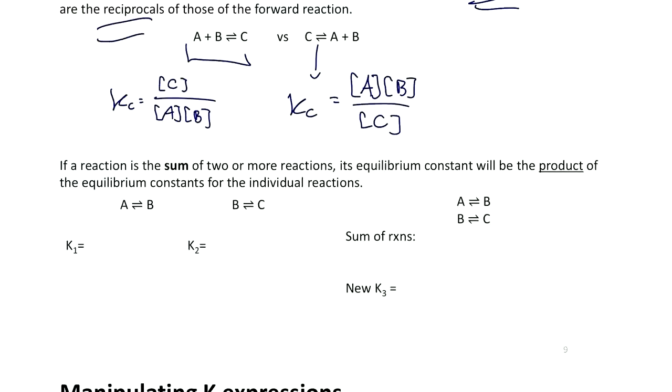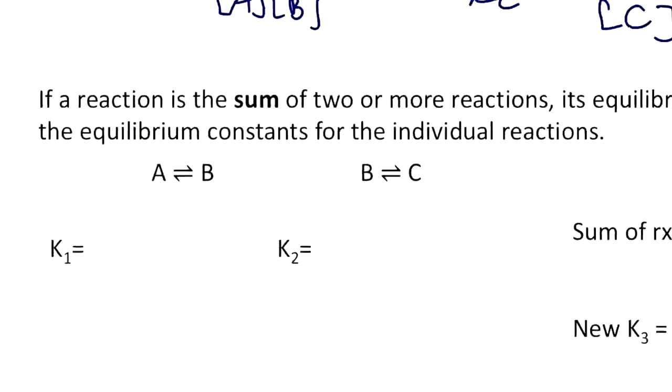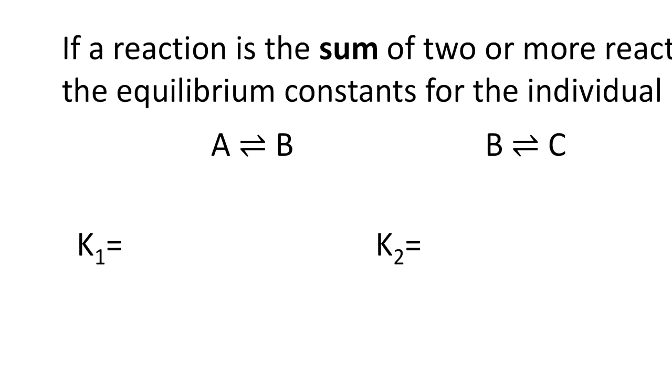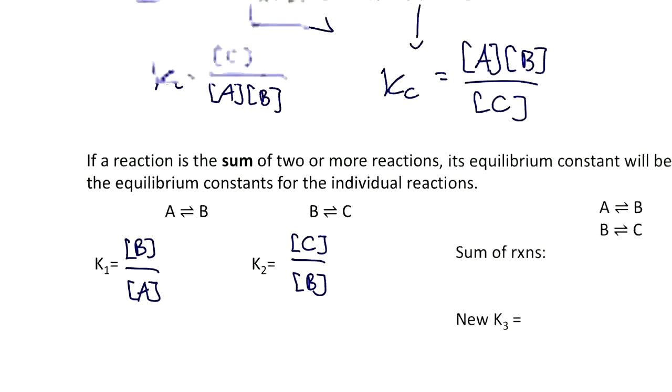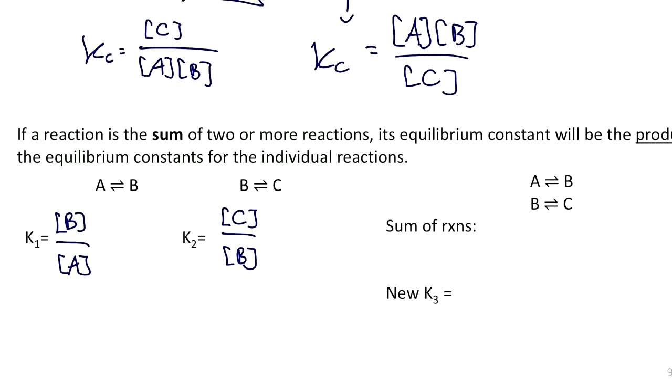Okay, let's look at another one. Let's look at these two reactions. What is the K expression for A goes to B? B concentration over A concentration. And then B to C is C concentration over B concentration. Cool. Now, let's take these two reactions, A to B, B to C, and let's add up these two reactions.